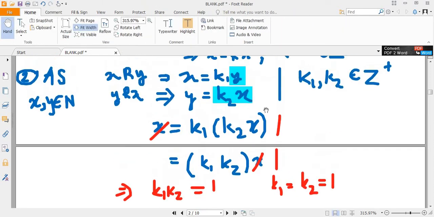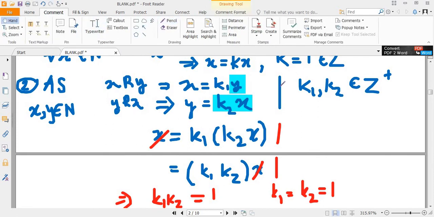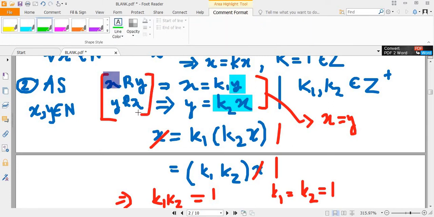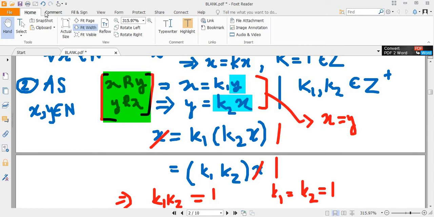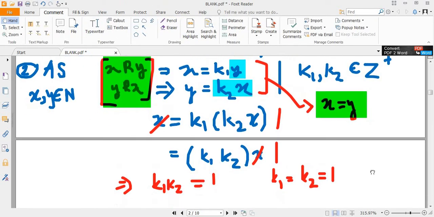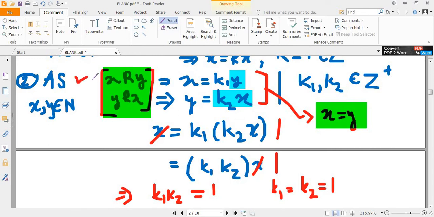If k1 equal to k2 equal to 1, then from these two relations, I can deduce that x is equal to y. So if x is related to y and y is related to x, then x is equal to y. That means anti-symmetry holds.